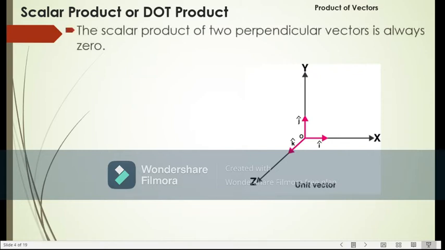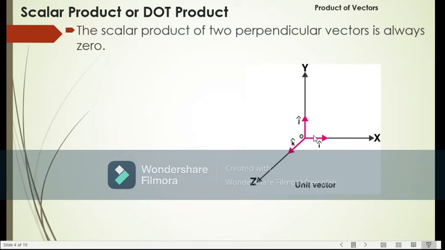So if we try to get the scalar product or the dot product of two vectors that are perpendicular to each other, there will always be an answer of 0. An example, if you look at the illustration: the vector along the x-axis and the vector along the y-axis, or i hat and j hat, are perpendicular to each other.